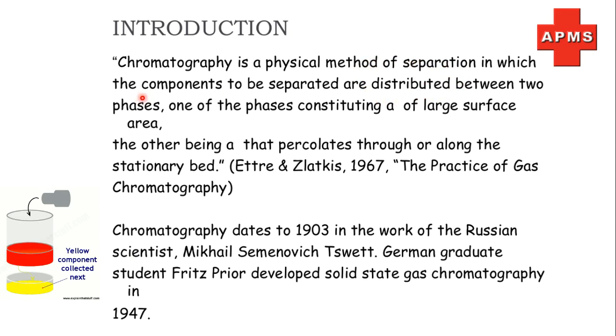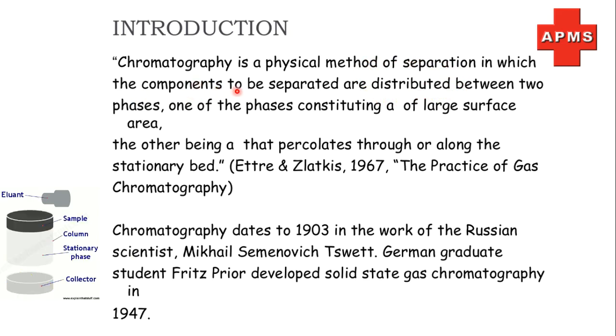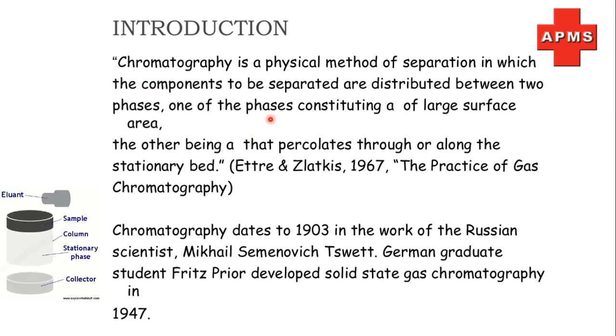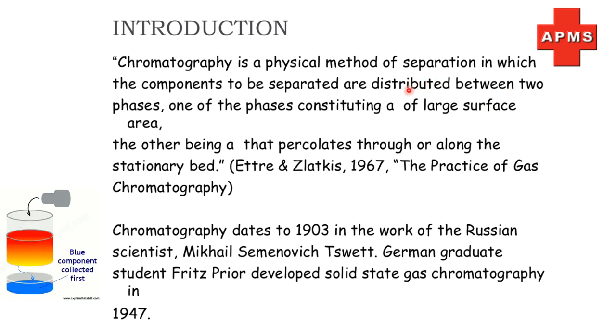So this is the general key point of chromatography, where we see distribution of various components of a mixture between two phases. One of the phases consists of a large surface area. For what physical nature of materials do we say large surface area?